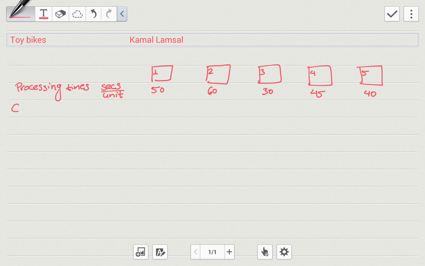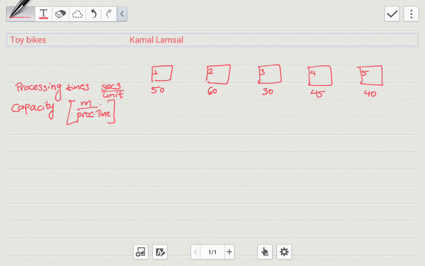Using the processing time, we can calculate the capacity. The formula for the capacity for each worker is M divided by the processing time, where M is the number of workers in that station.